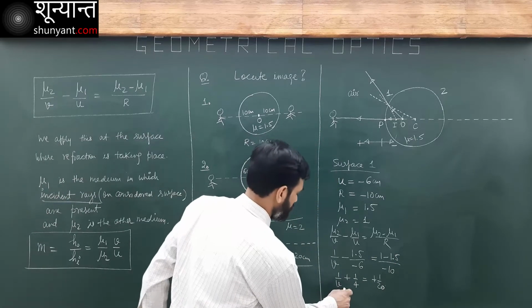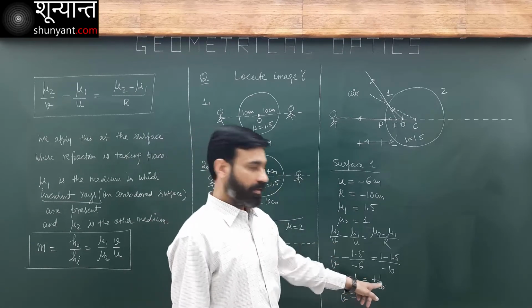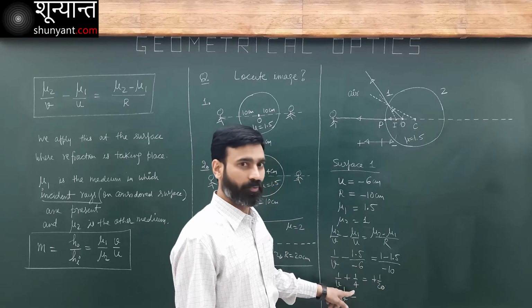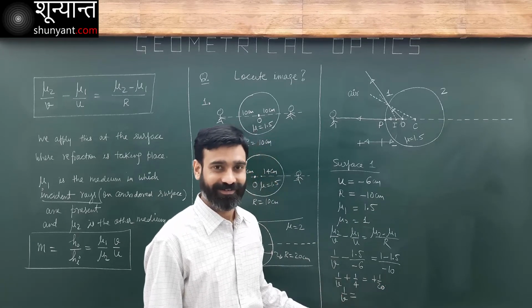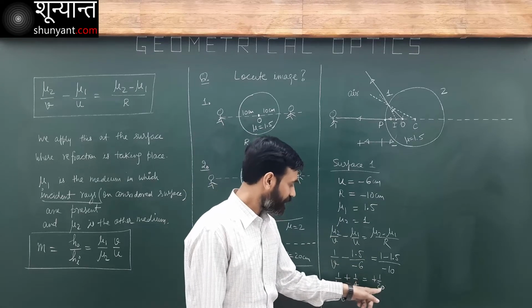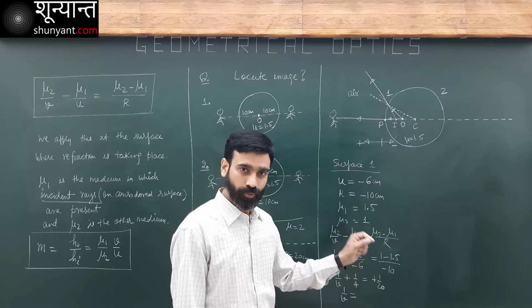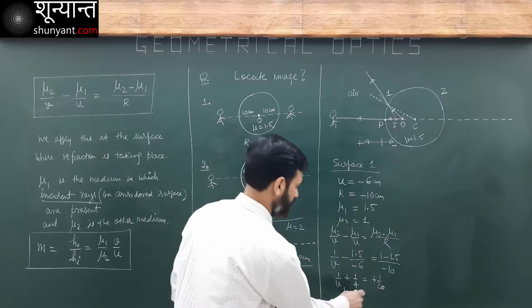What is 1 over v? It is 1 over 20 minus 5 over 20. Understand this? You see, that's how we solve it. 1 over 20 minus 5 over 20 is minus 4 over 20, so minus 1 over 5.